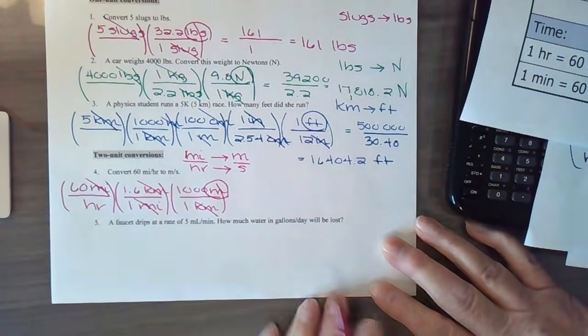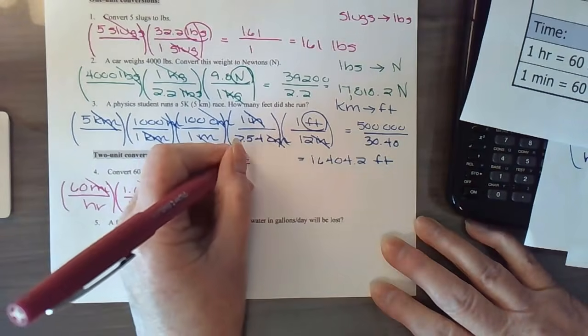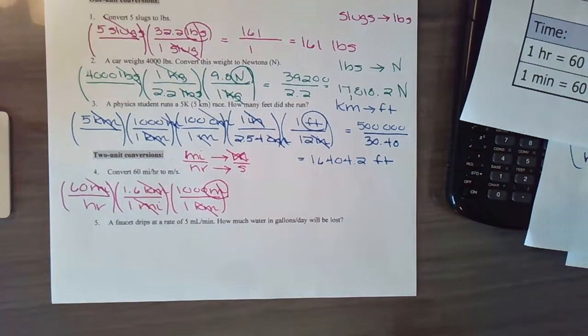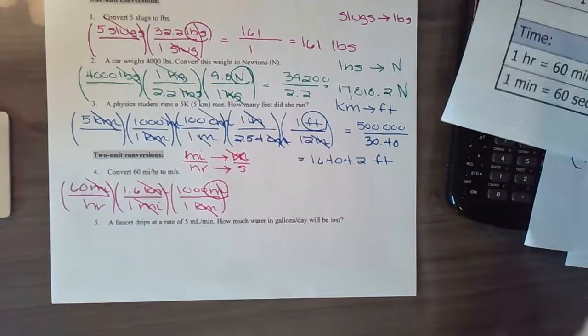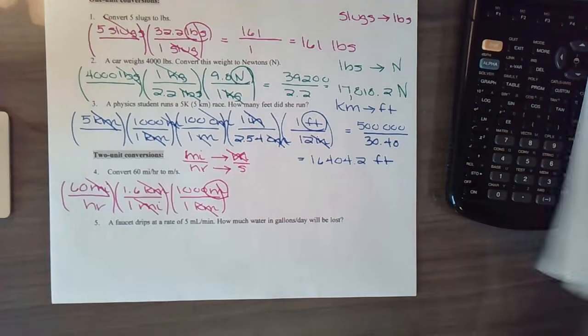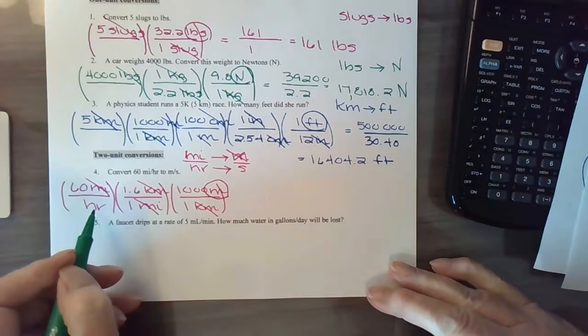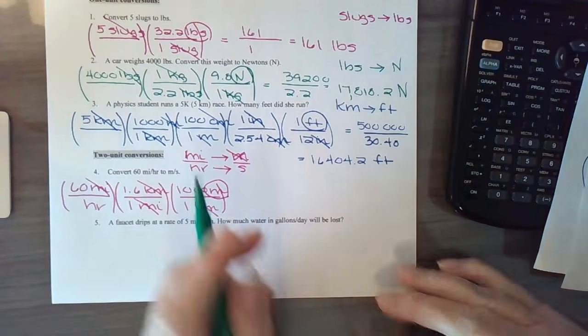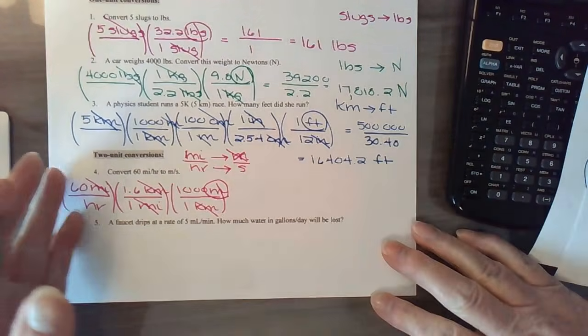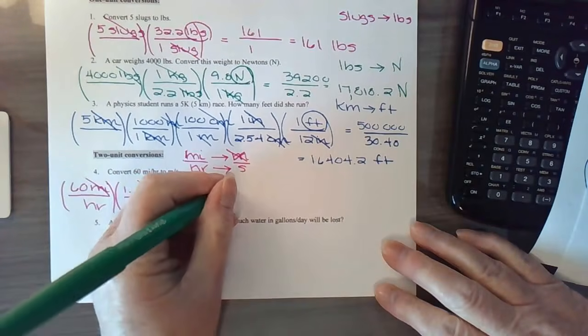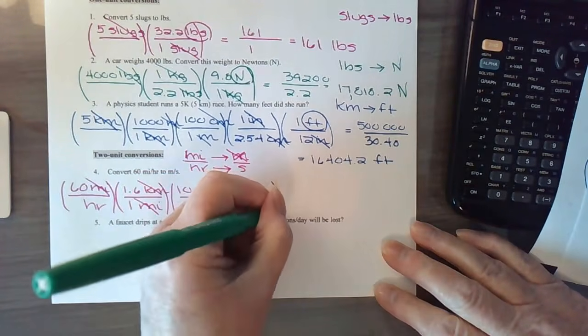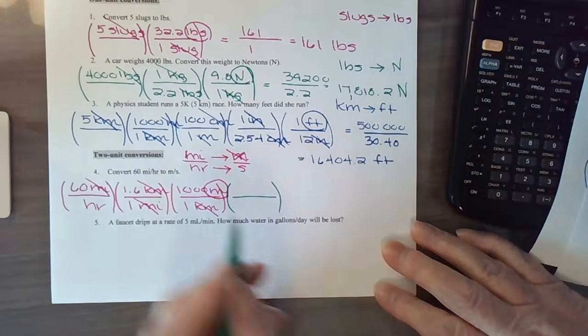I got my meter. So I did this part of the problem, but I still have another part of the problem to do. I have to turn this hour into seconds. So I'm going to continue the problem. I'm just going to switch colors so that you can see that I'm on the second part of the problem.